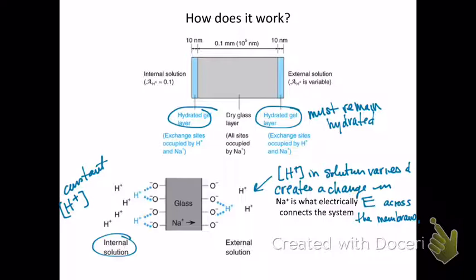We know what that amount of H+ bound to the O- is, but on the outside of the glass surface that's going to vary over time. And so depending on the concentration of H+, we're going to see varying amounts of H+ actually bound there. Now that separation of charge, the separation again maintained by the glass, is measured by the electrode, and we can then correlate that from the equation for junction potential to the concentration of H+ ion in solution.